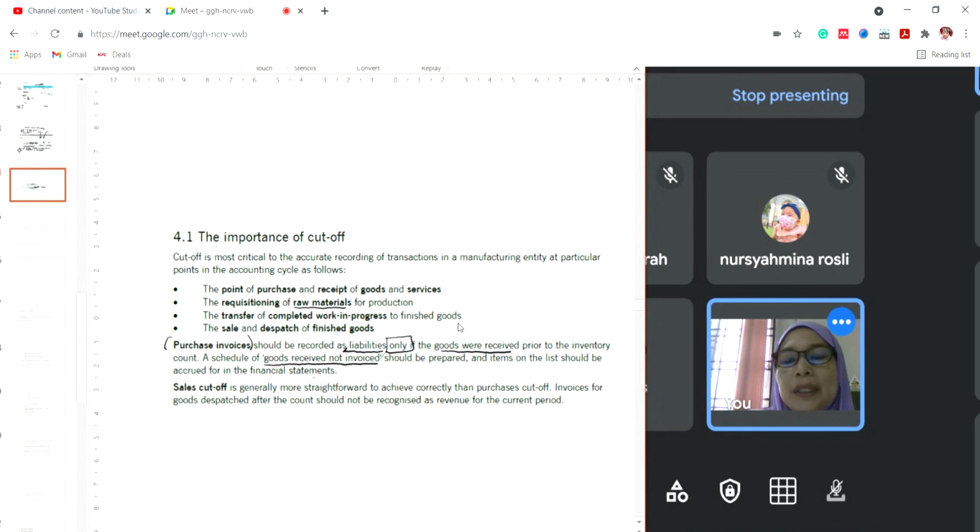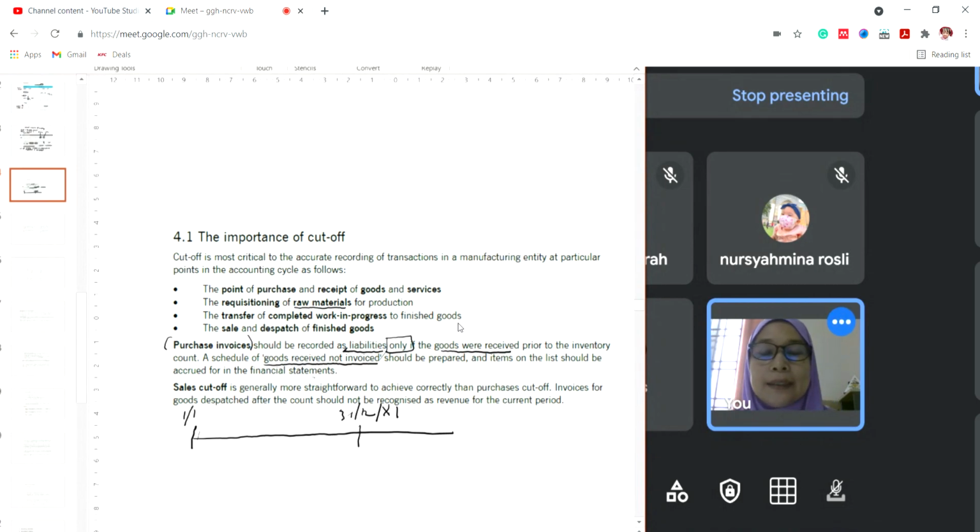Okay, what does it mean? The accounting period up to 31st December X1. When you want to recognize the purchase invoice, or see that the transaction is complete, we are talking about cut off.